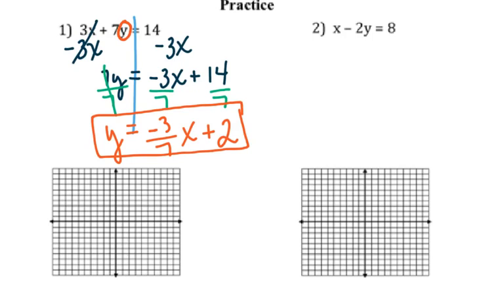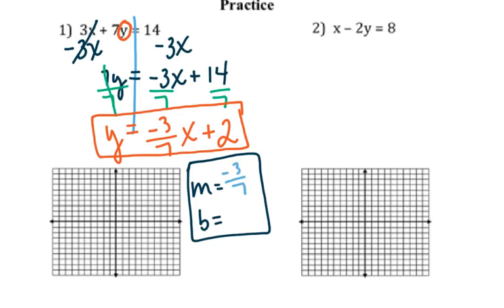So now that I have an x and a y, that means, you know it, we have an m and we have a b. Draw your information box. My m is a negative 3 over 7. My b is 2, so I put a 2 in the back of the ordered pair. I begin at 2 on my y-axis.